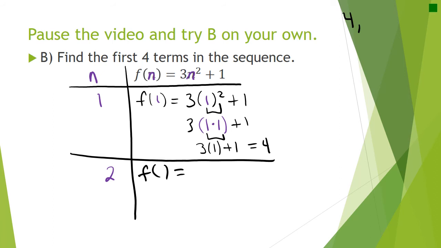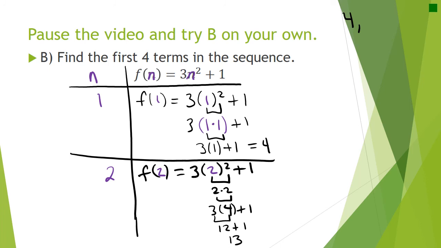Again, if you already got this and you just wanted to check your answers, go ahead and fast forward this video. Now that you know how to do the squares, I'm not going to continue to show you that. This is 2 times 2, which is really 4. And so we have 3 times 4 plus 1. We have 12 plus 1 is 13. So our second number in the sequence is going to be 13.